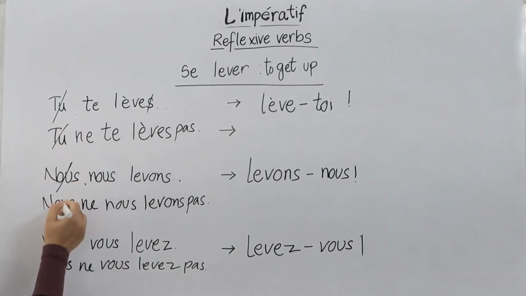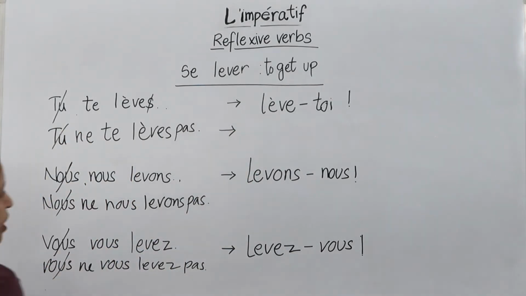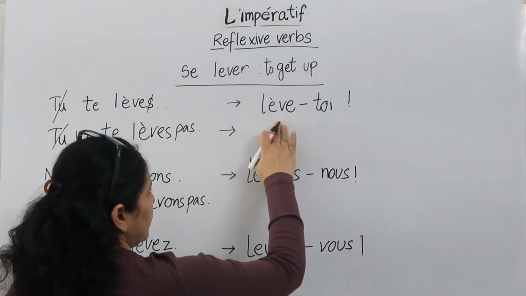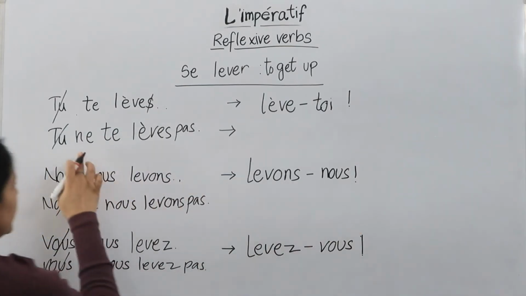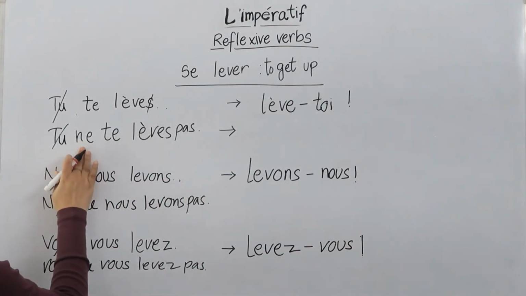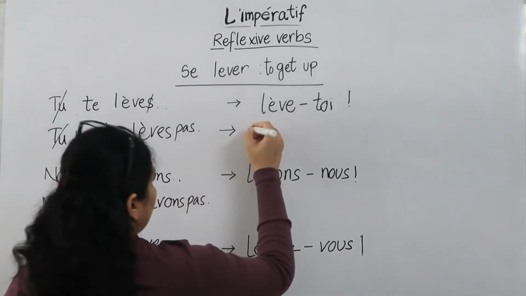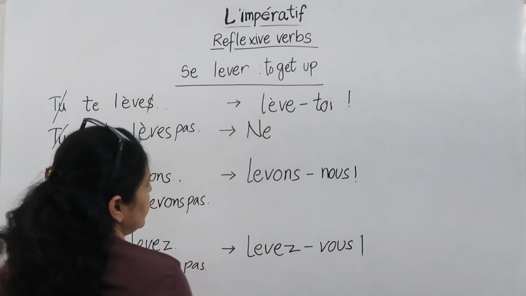Now we'll see how to write a negative pronominal reflexive verb in l'impératif. Again, I don't need this tu, nous and vous, the pronom sujet, in front. Only the verb should be there. But only the verb we can write in a positive sentence. If the sentence is negative, the placement of ne is always here before the verb. We never write ne at the back. Ne will stay here only. So in the same way, we'll write it in the negative form.